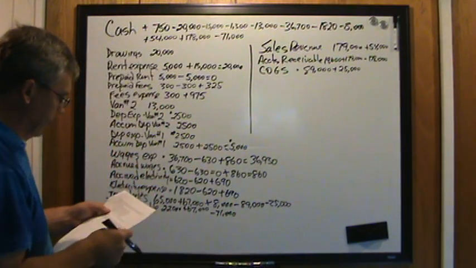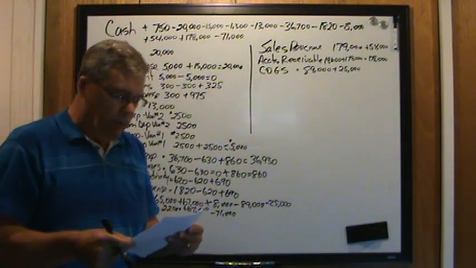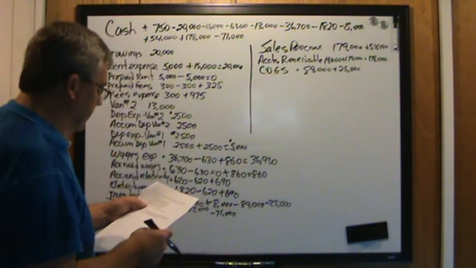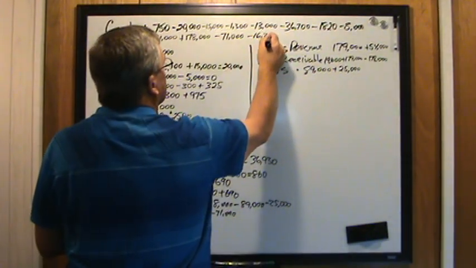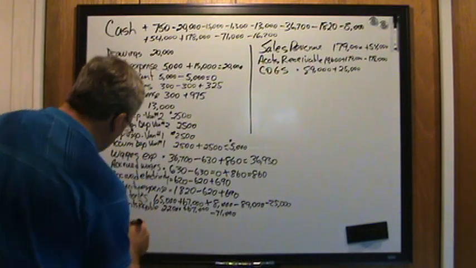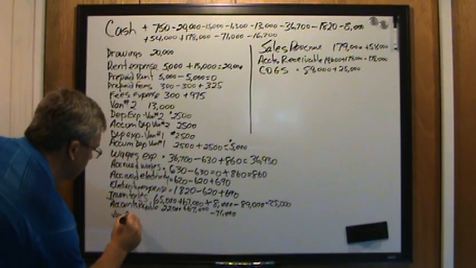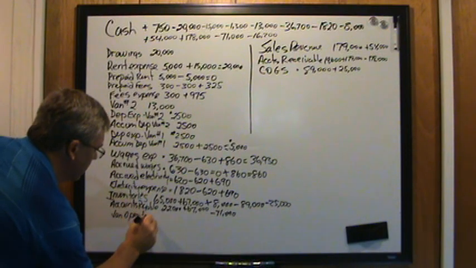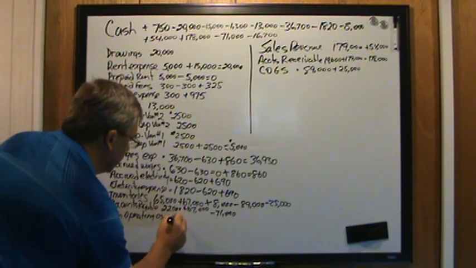And finally we have van operating expenses paid, which totaled 16,200. So that's a use of cash again, and van operating expense 16,200.